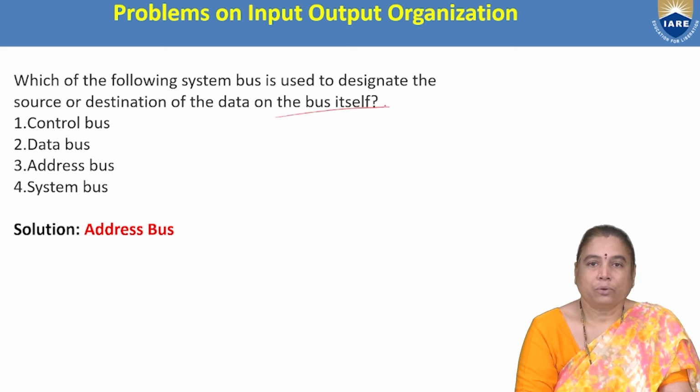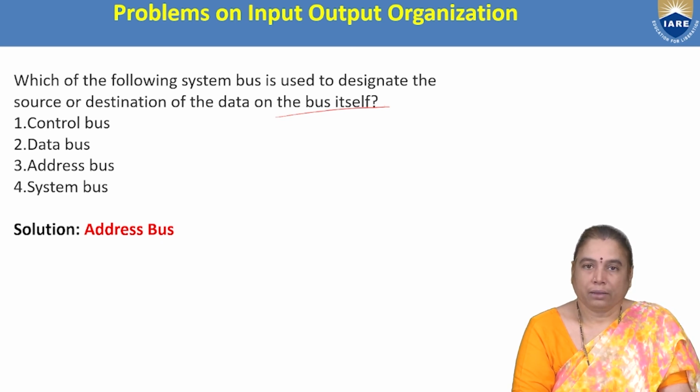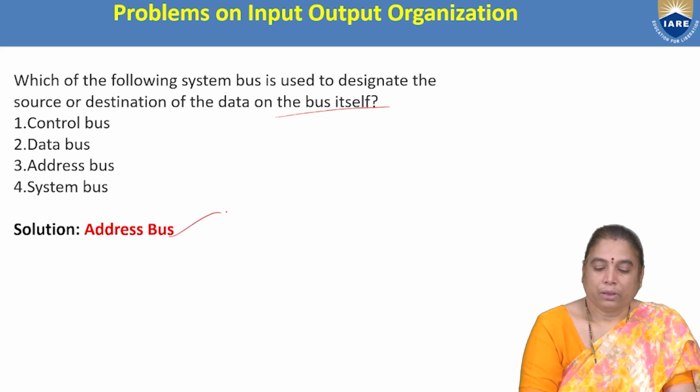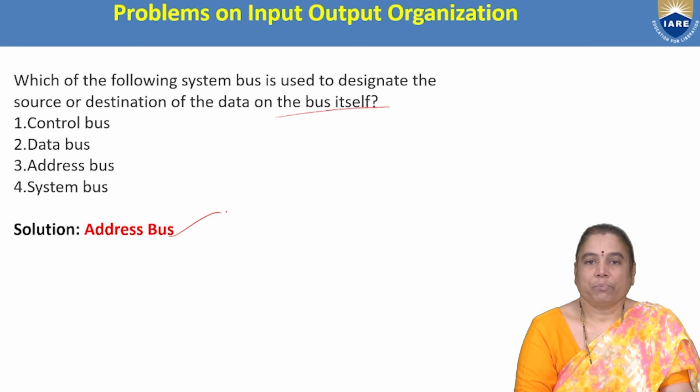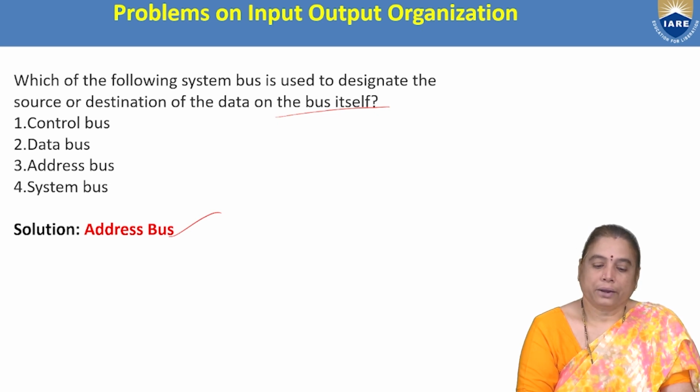The data bus holds the data to be read or written, but the address bus holds the location of the memory at which this data has to be written. So that's why the source and destination have to be designated by the address bus.